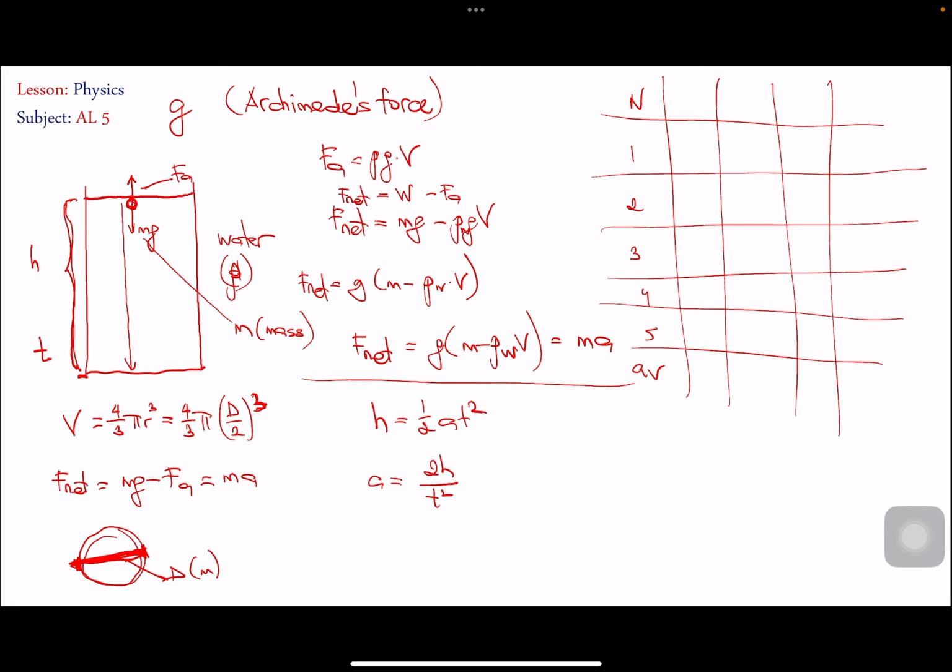It will be more precise if you change the h, the altitude. I mean the depth. You may throw it from this point, holding it with maybe a metallic stick, and then release it here. You may change the h, so you'll find a different t here, and of course a different a.